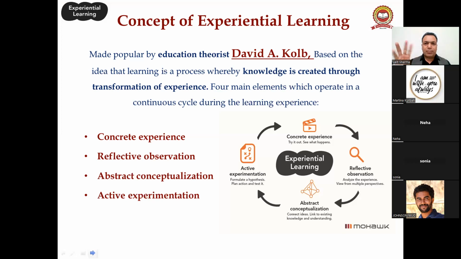There are four main elements which operate in a continuous cycle during the learning experience, right? So what are these four steps, four cycles? Concrete experience. This is called the cycle of experiential learning. It means you have to teach in that way. First, understand all the four elements: concrete experience, reflective observation, abstract conceptualization, and active experimentation.